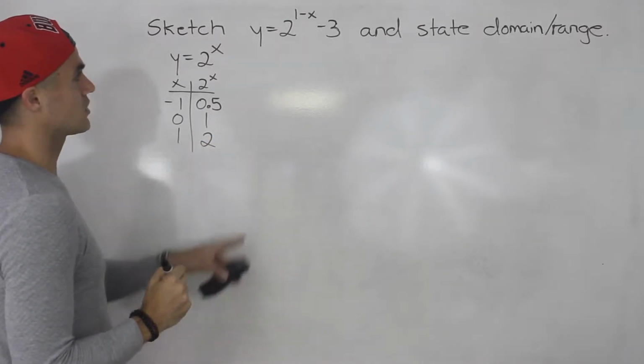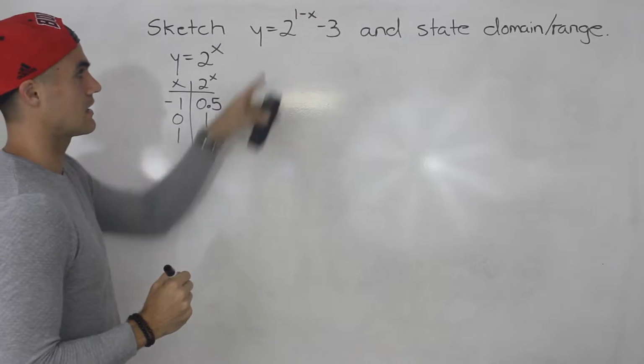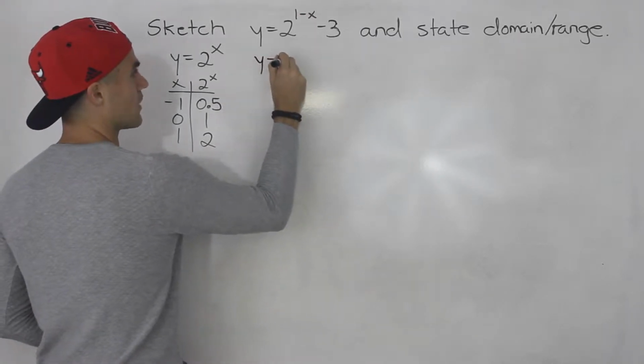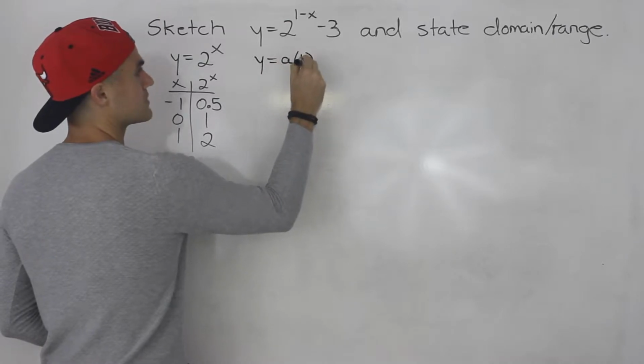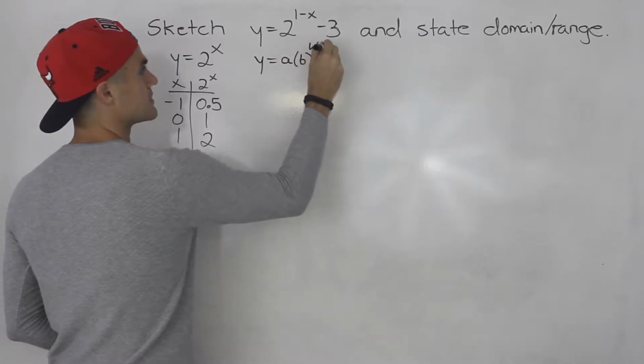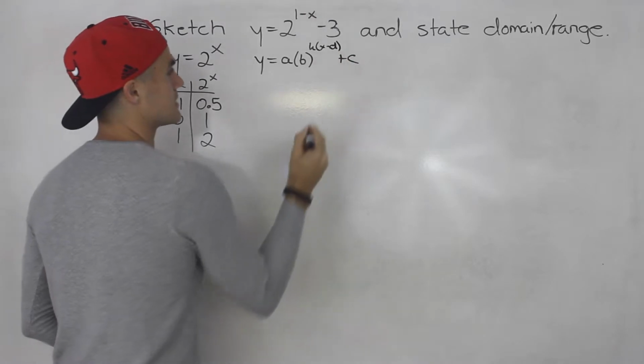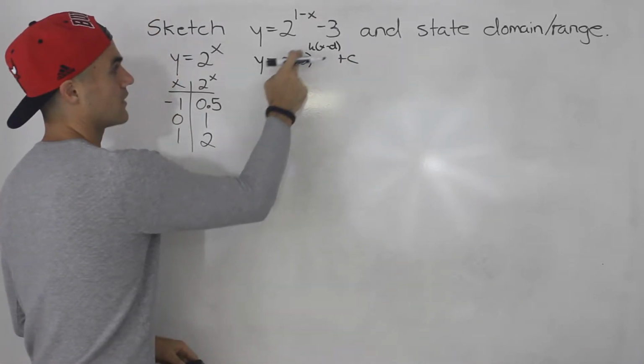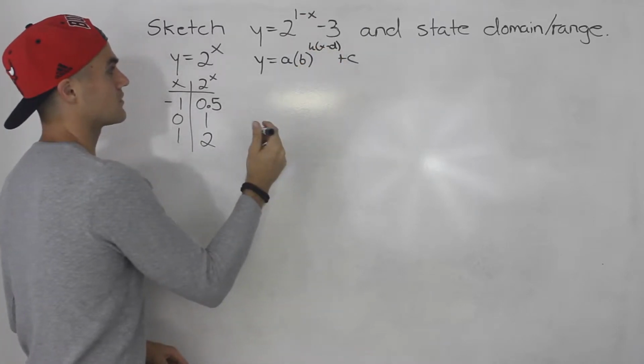Next thing, you want to make sure that this is in the proper transformation format. Proper transformation format is what? A times b to the power of k(x minus d) plus c. So that's the general format it's got to be in, and then we can get the a value, k value, d value, c value.